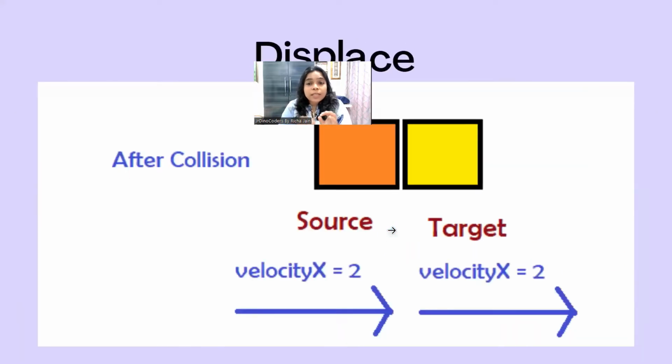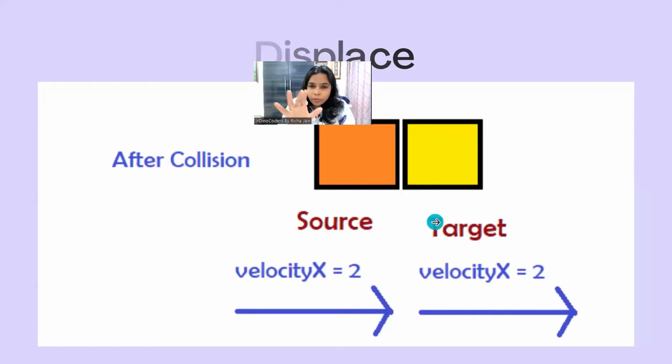What will happen if it is a displace type of collision? In displace, the target also takes the velocity of the source and moves along with the source in the same direction.